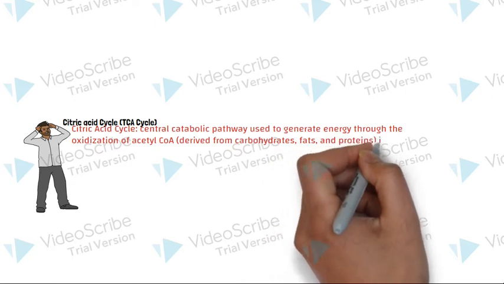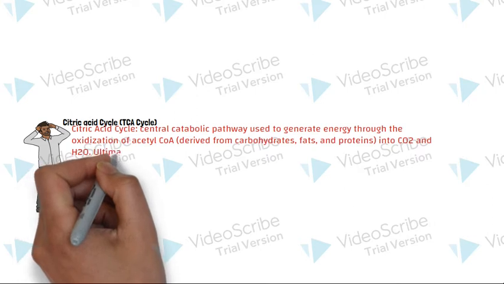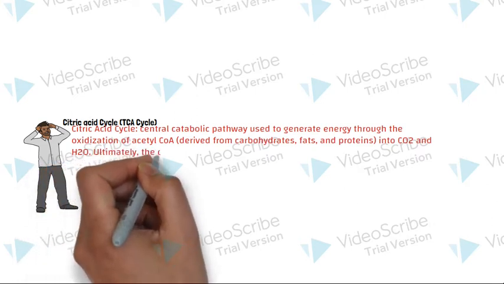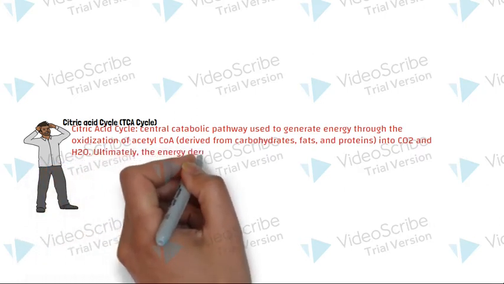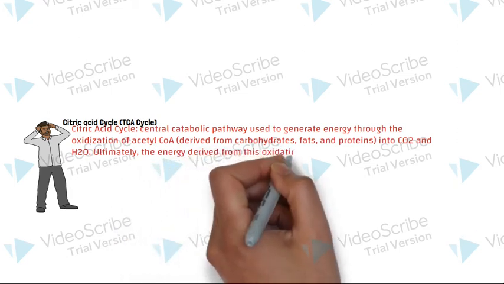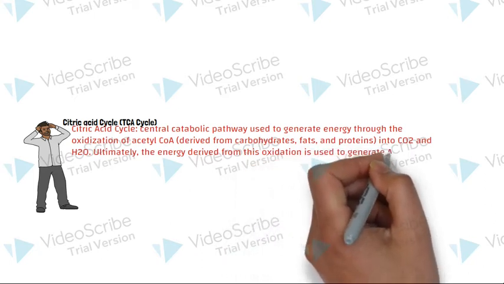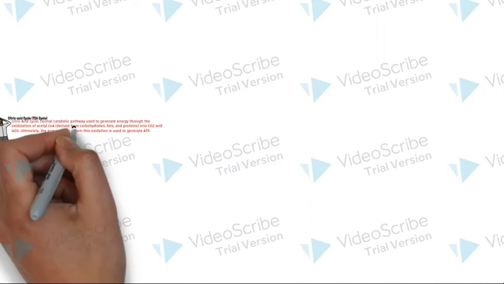And this energy is used for oxidation. Now, the main reason for the citric acid cycle is to get ATP from ETC, electron transport chain, where NADH and FADH2 will carry electrons to ETC and get ATP.